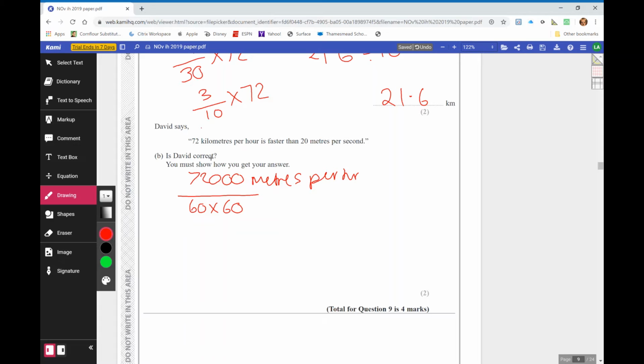60 times 60, if you think of 6 times 6 is 36, and then add the zeros, so 72,000 divided by 3,600. So then what is that? Then we can cancel down some of these zeros, and we're left with 720 divided by 36.